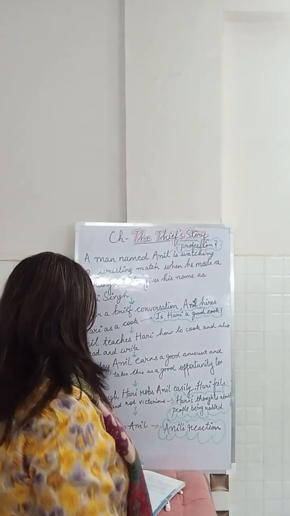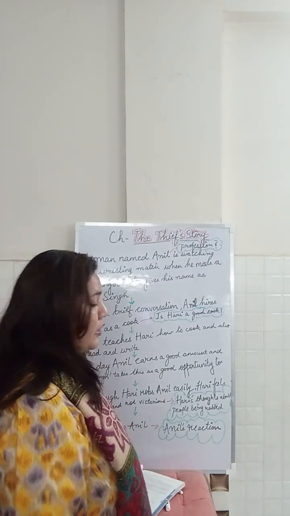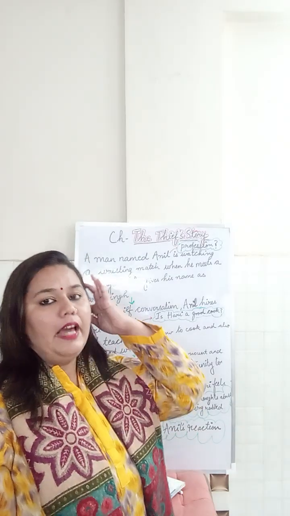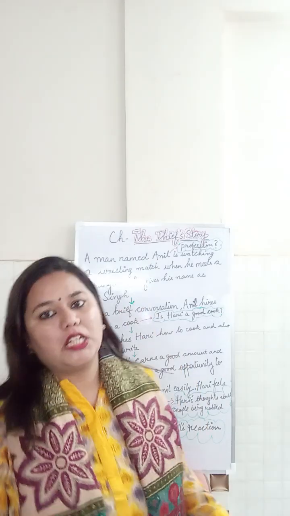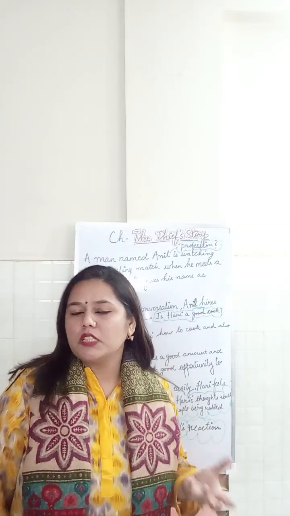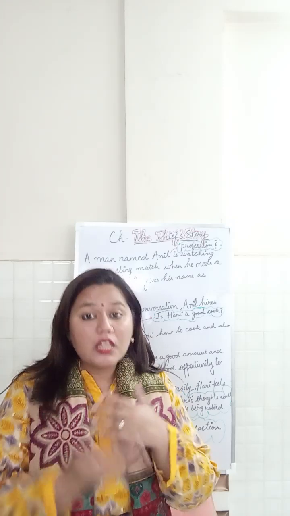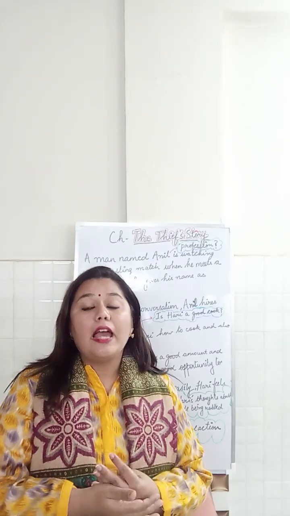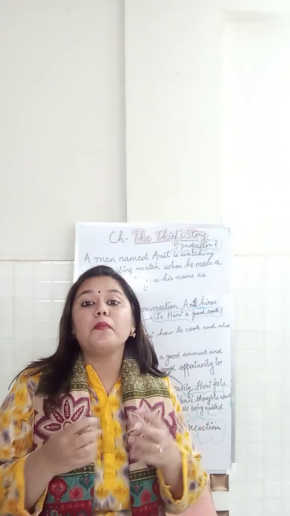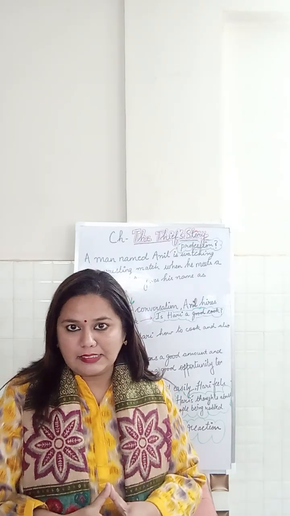Fine. So, Anil, a compassionate human being, realized that this boy of 15 doesn't even know how to read and write properly, so let me go ahead and help him. He was in a way helping Hari develop certain skills.